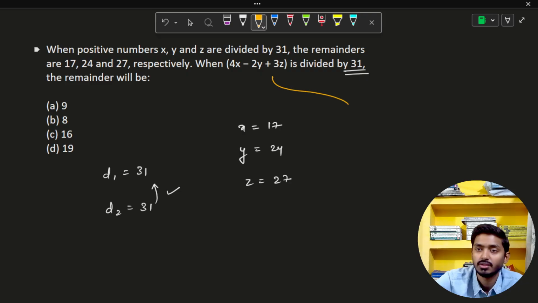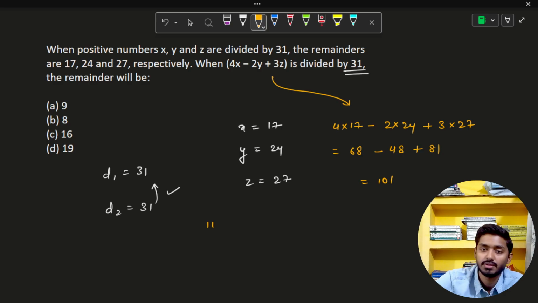Let's try to find the value for this one. 4 times 17 minus 2 times 24 plus 3 times 27. That would be 68 minus 48 plus 81, that would be 101. Now 101 is supposed to be divided by 31. If we divide 101 by 31, that would be 93, my bad, 93, and the remainder would be 8, I'd say. So the correct option would be option B.